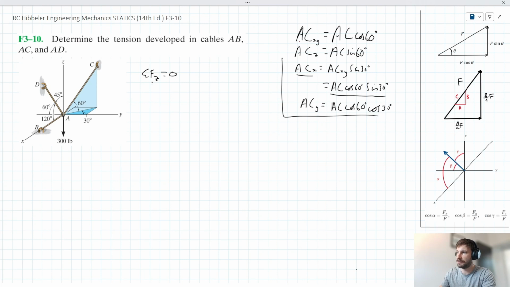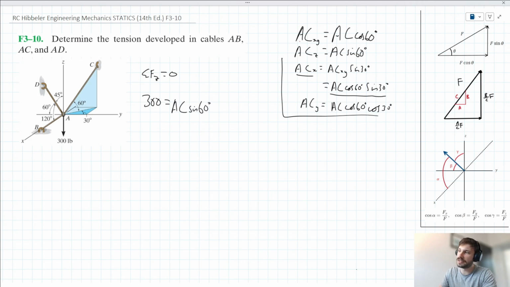So we can say the forces in the z sum to 0, so things acting up are equal to things acting down. What have we got acting down? Well, we've got that 300-pound force acting down. What have we got acting up? Well, we've got the z component of AC, which we expressed earlier as AC sine 60, right? So we can say AC sine 60 is acting up.